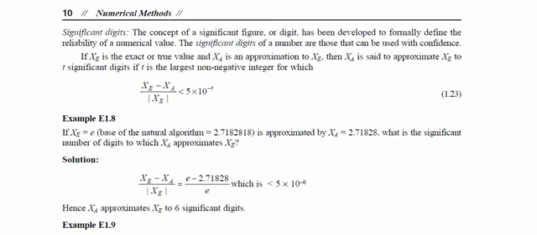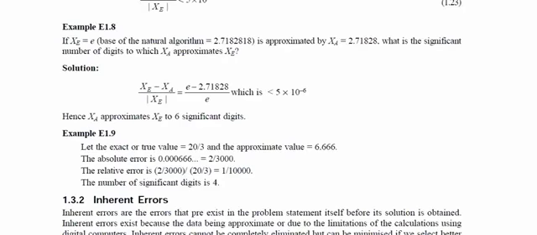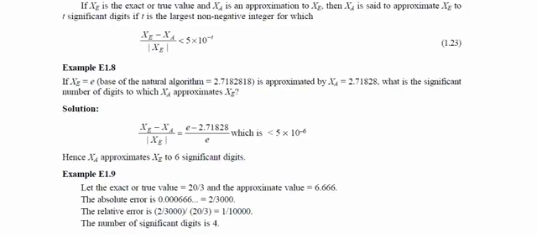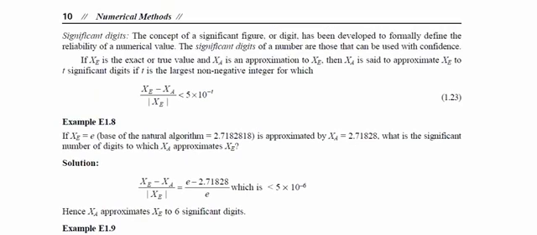Theoretically, the amount of confidence in the number of digits used in a particular number is called significant digits. So this line is very important.